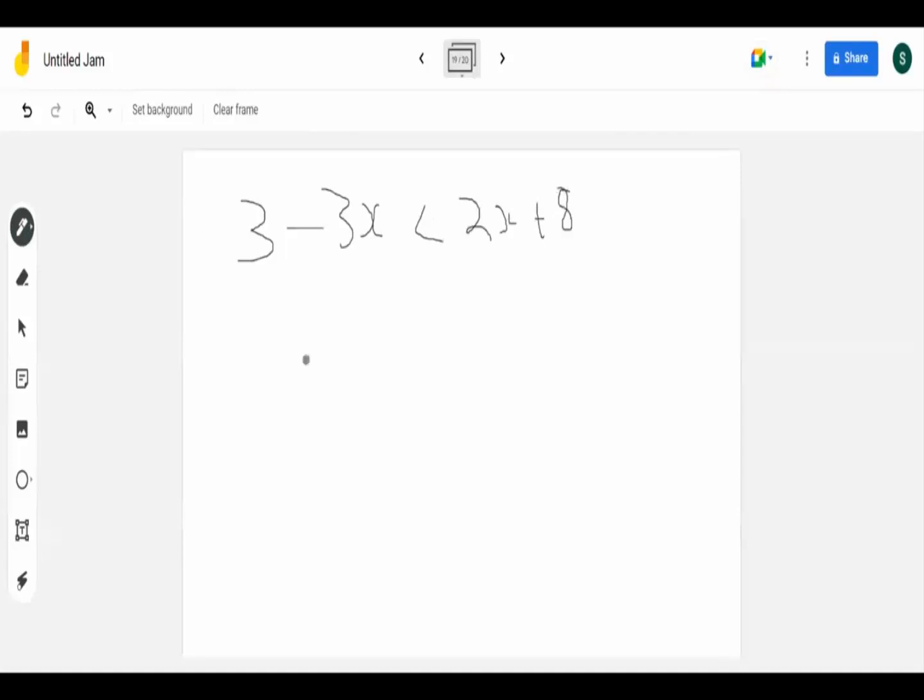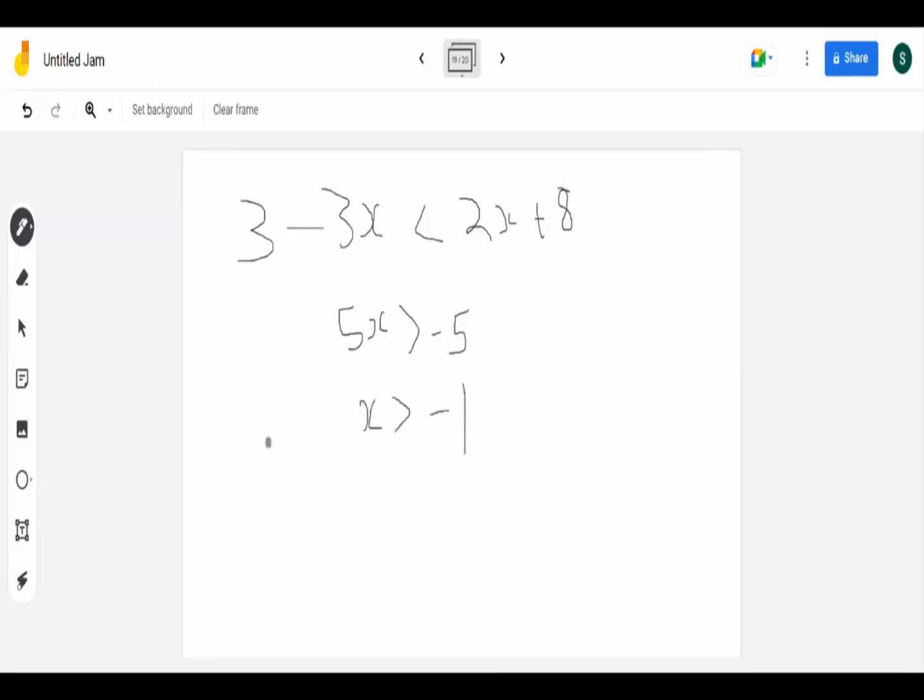Add 3x on both sides and subtract 8 on both sides. If we add 3x on both sides, we get 5x is greater than minus 5, or x is greater than minus 1.